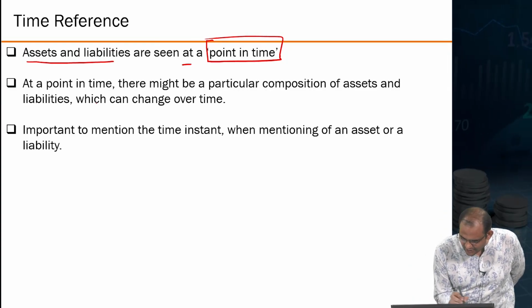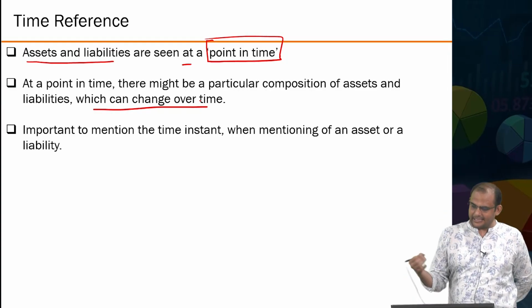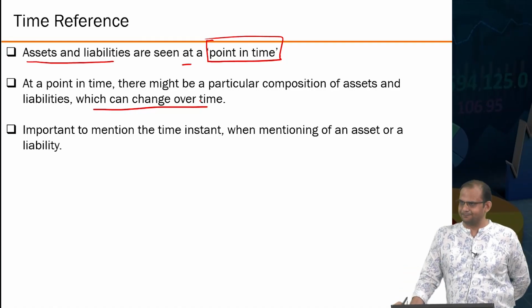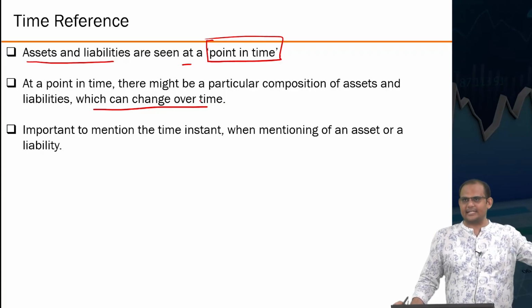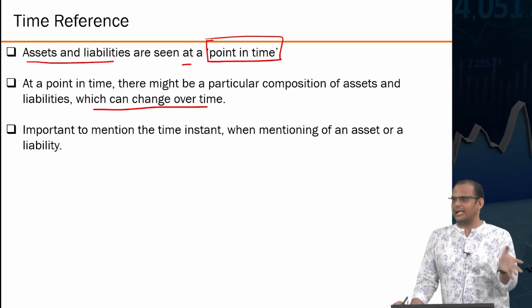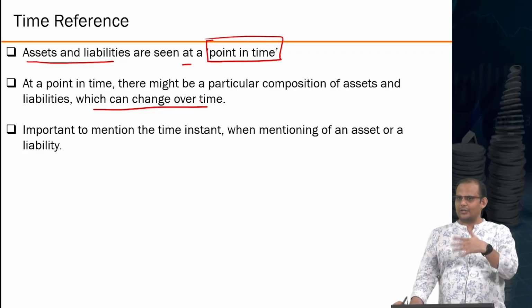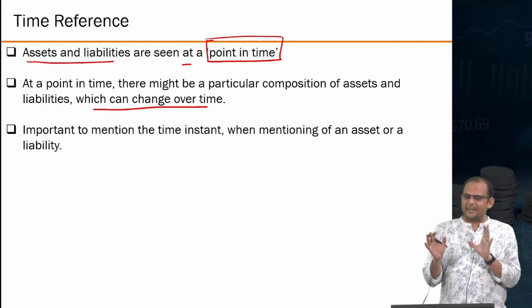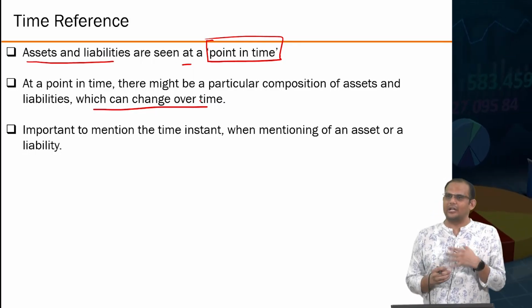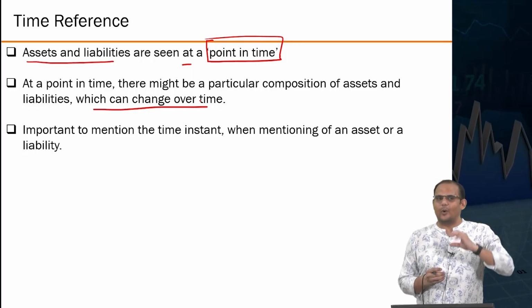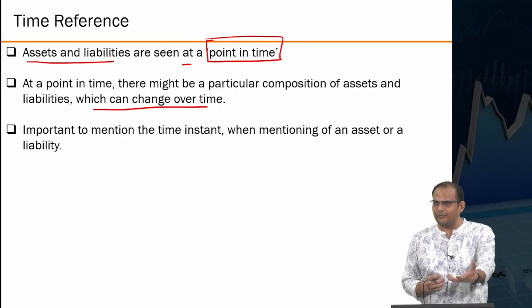And the composition of assets and liabilities can actually change over time. Like current assets can become fixed assets, and fixed assets can become current assets, and vice versa. Liabilities can also change to a certain extent. Typically, liabilities do not change easily. Assets are called convertible in a way that one asset can be converted into another form of asset.